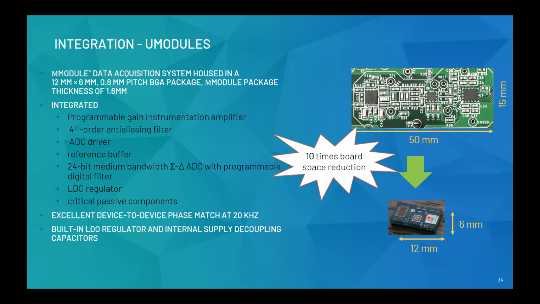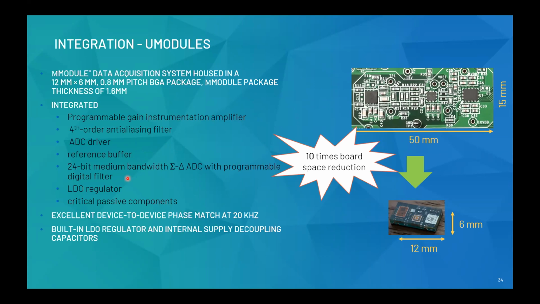There are multiple dies in this single chip. The space that we look at here is almost a 10 times board reduction. This small chip has a fourth order anti-aliasing filter, a driver, a 24-bit ADC, a lot of other power components, and some critical passive components that are available on this die.